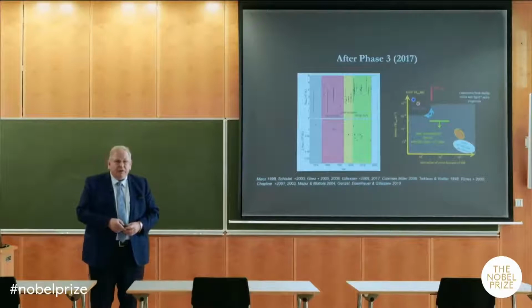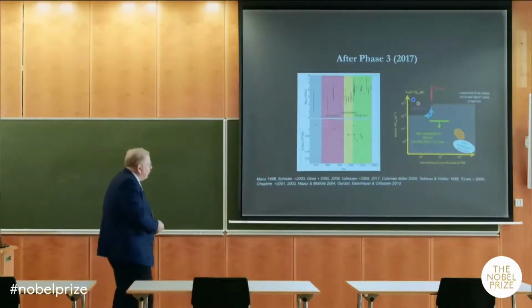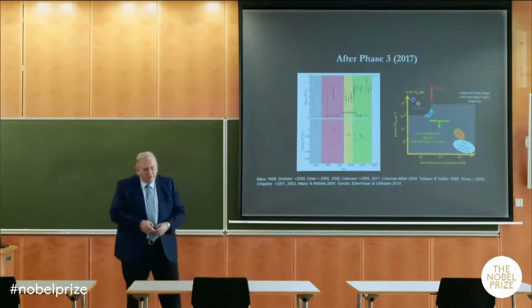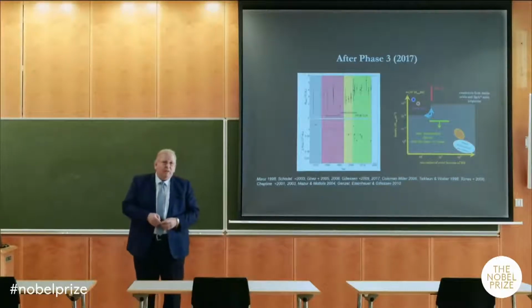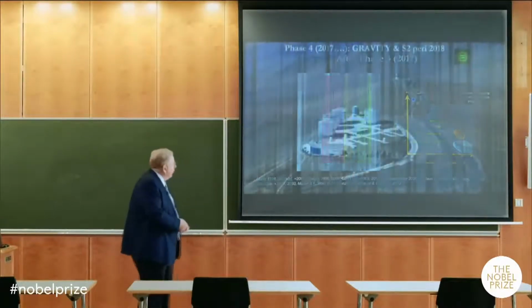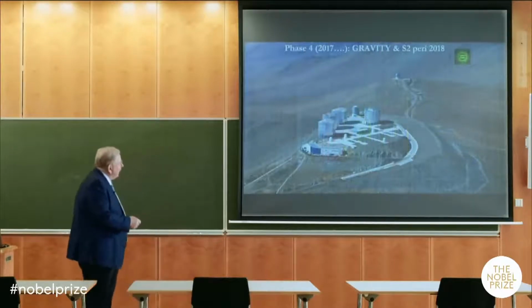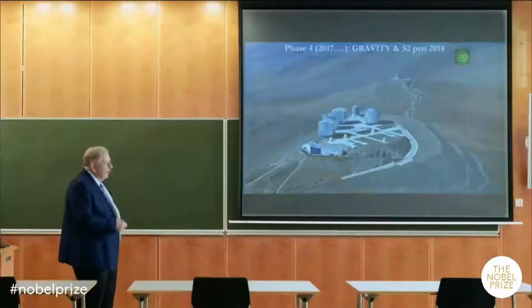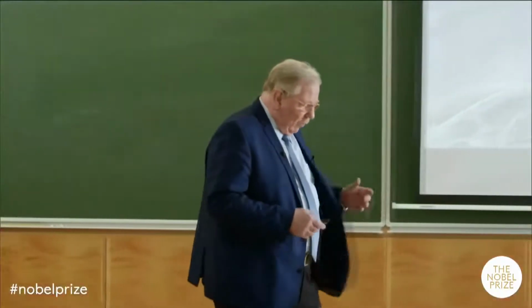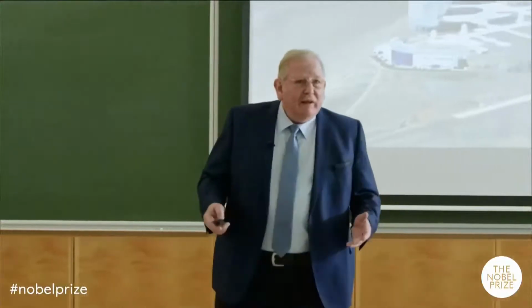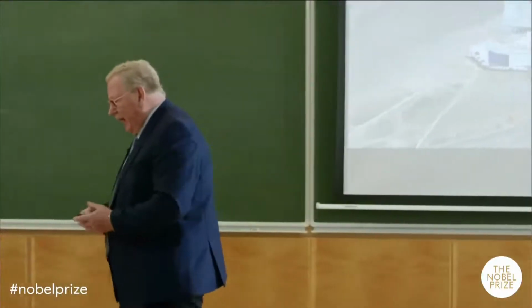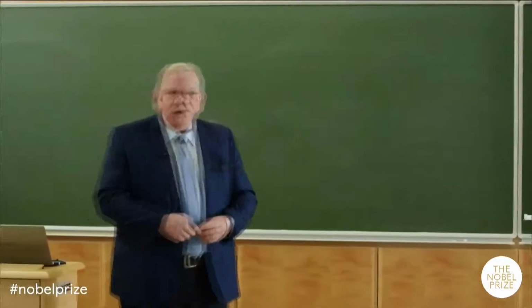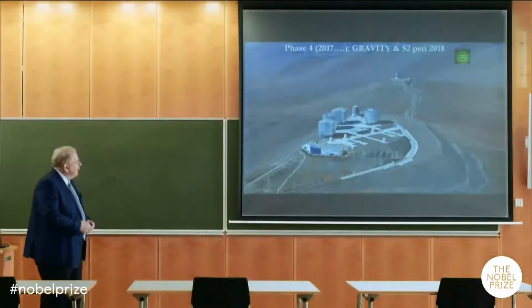So by 2004, we talked to ESO, the European Southern Observatory, and proposed to build a new instrument. A new instrument which would allow us to combine the light of all 4 8-meter telescopes into a so-called interferometric telescope, very well known from radio techniques, of over 100-meter diameter. So 100 over 8 meters is a factor greater than 10. So actually it's more than an order of magnitude improvement in resolution.